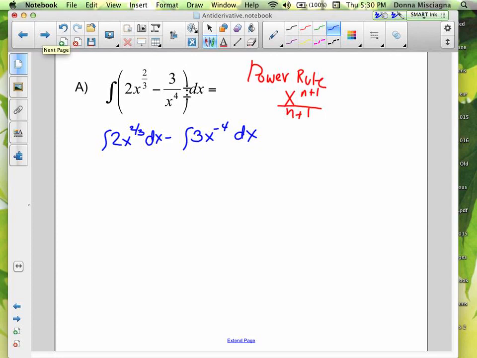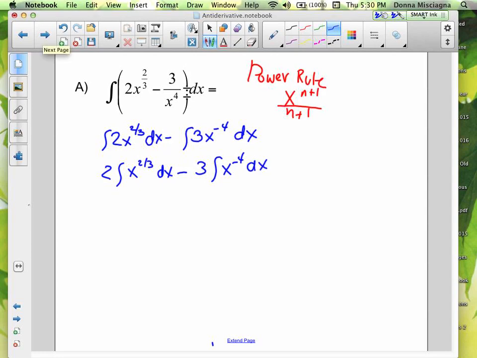All right, now I could factor out those coefficients. So I've got 2 times the integral of x to the 2/3 dx, oops, I forgot to put in my dx. Bad me. Minus 3 times the integral of x to the negative 4 dx.